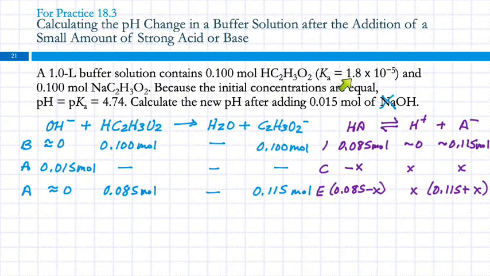Well, Ka here is 1.8 times 10 to the minus 5. And so these concentrations need to be significantly larger than that. So our smallest one there at 0.085, if I divide that by 1.8 times 10 to the minus 5, is 4,700 times larger. So x is small, it's going to work.